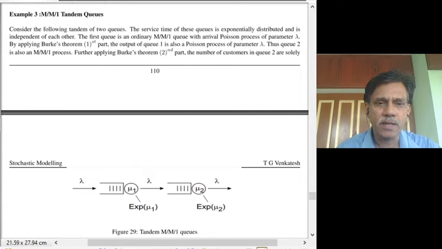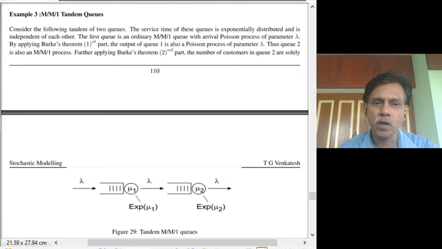So let's first consider a tandem or a sequence of two MM1 queues. We have Q1 here, which takes an external arrival of customers, and the customers who leave Q1 directly go into the second queue, Q2. Let lambda be the arrival rate of the customers to the first queue.